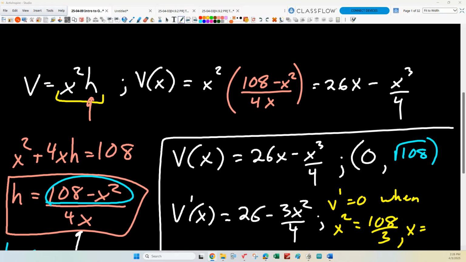So that actually got messed up a little bit, didn't it? What's 108 divided by 4? I don't know. 27, not 26, right?